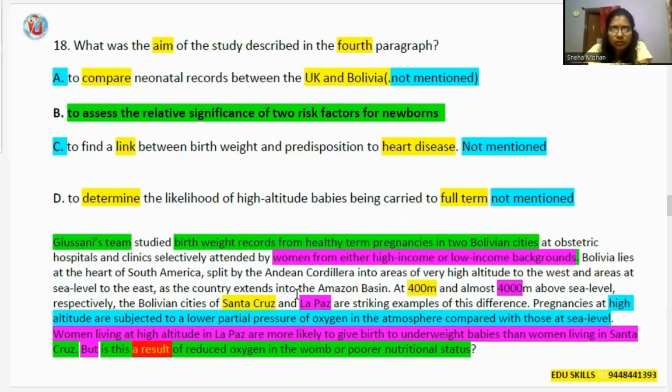After the birth, the birth weight record from healthy term pregnancies. That means they have completed the term and delivered. So we cannot take this answer option as it is mentioned. It is to determine the likelihood of high altitude babies being carried to full term. So it has not been mentioned. I hope all of you understood the correct answer option of question number 18.